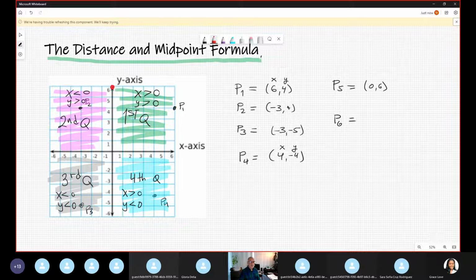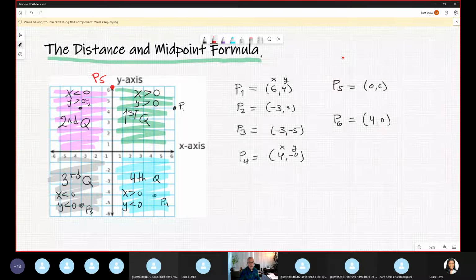P5 belongs to no quadrant. It's exactly on the axis. And for example, (4, 0): when one component is 0, it's on a specific axis. In this case, (4, 0) is P6.